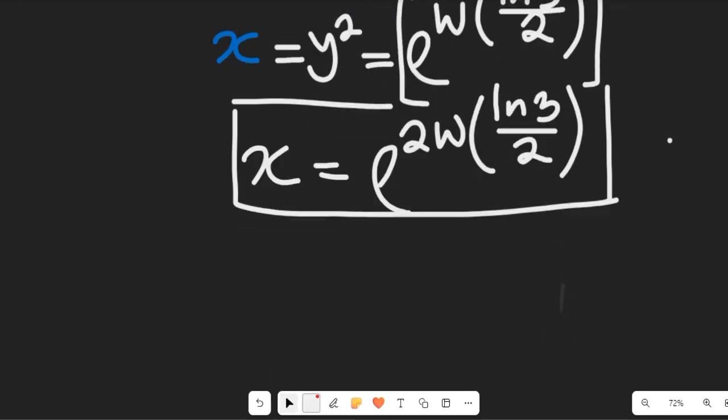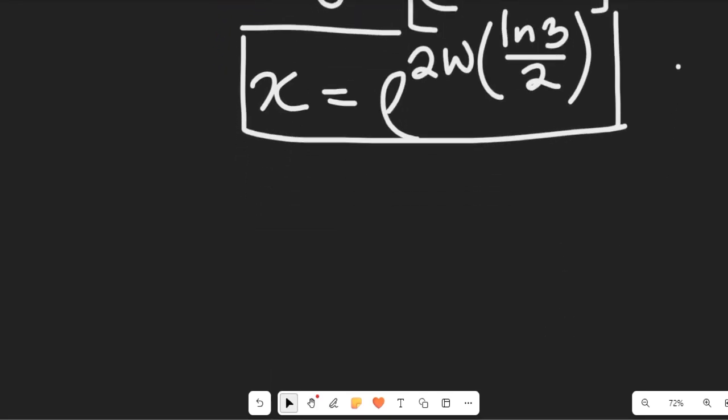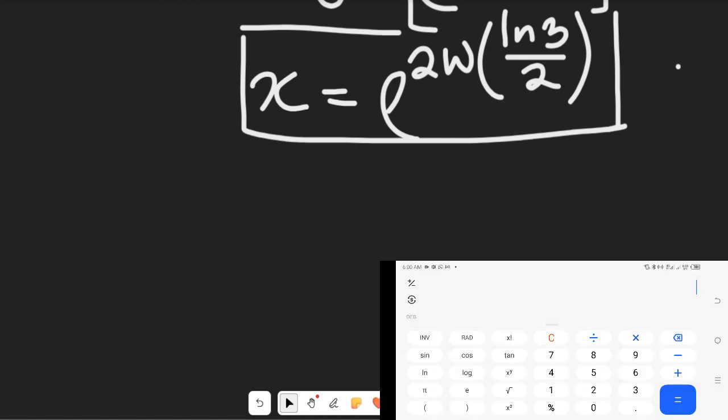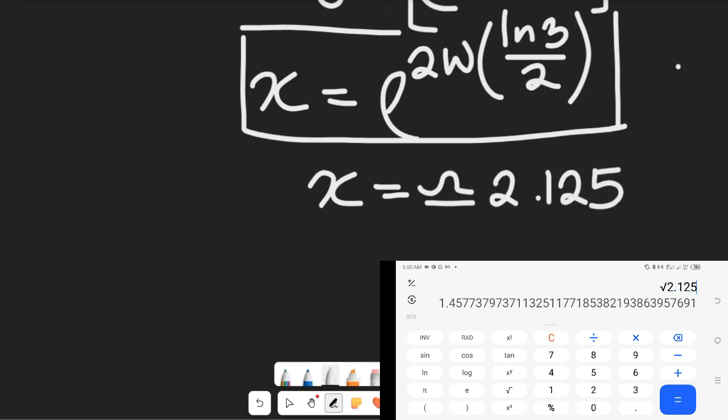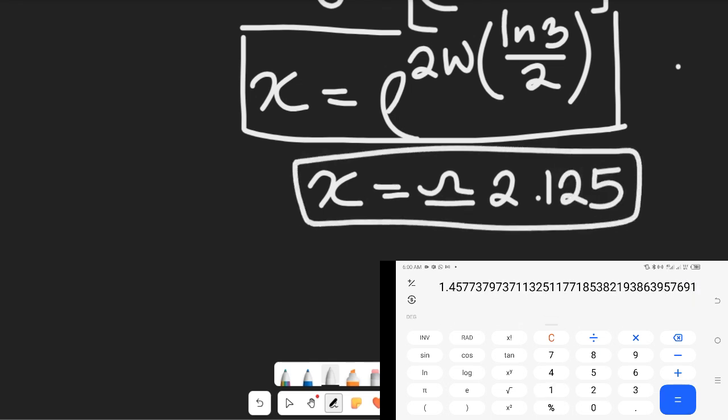Or if we simplify this using our calculator, the ln of 3 divided by 2, the 2 Lambert, finding the Lambert of the ln of 3 divided by 2 and multiplying it by 2, the value of our x will be equal to approximately 2.125, and that would be the solution to that expression if we're simplifying it to the latest.